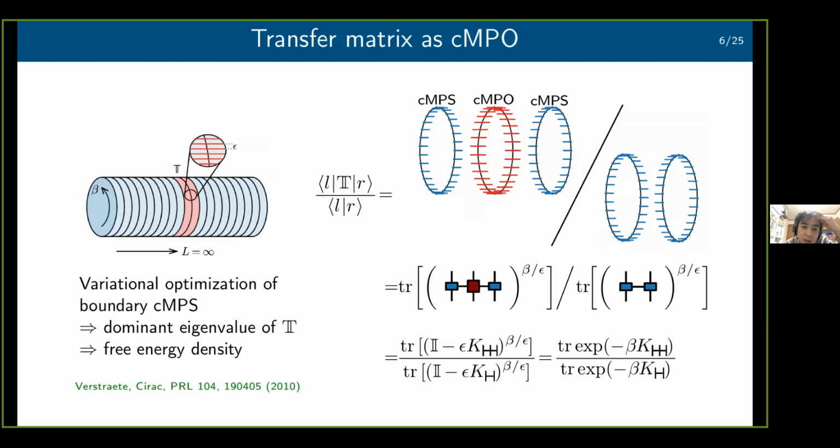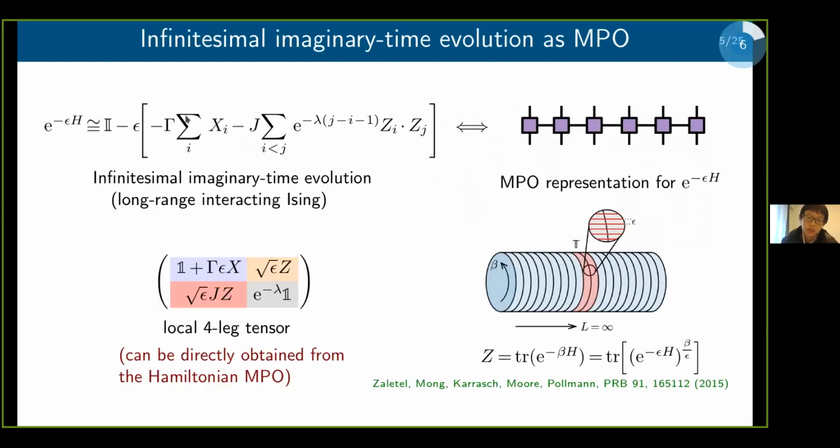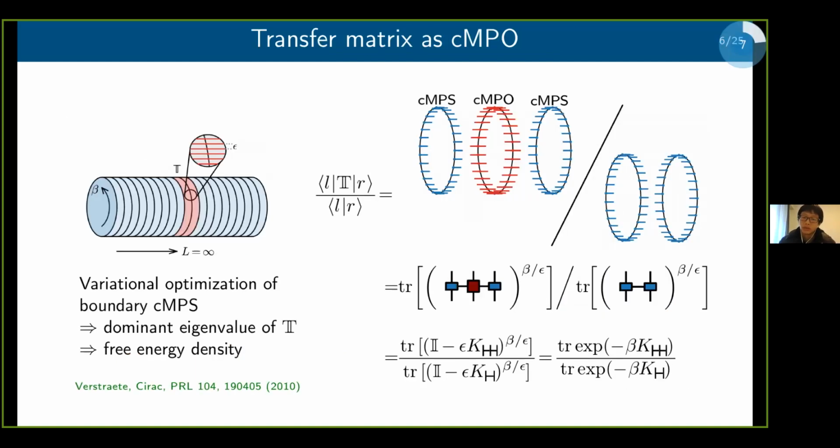Basically, in the CMPS local tensor, although we didn't have a formula for that, unfortunately, actually this CMPS is also composed of this epsilon in its parameterization, just like this CMPO parameterization. So actually, you can take the epsilon into your calculation, and then you can safely take the epsilon to zero limit.